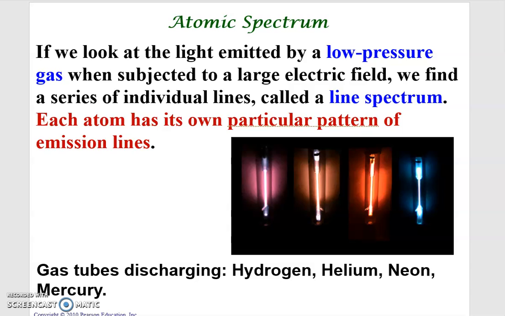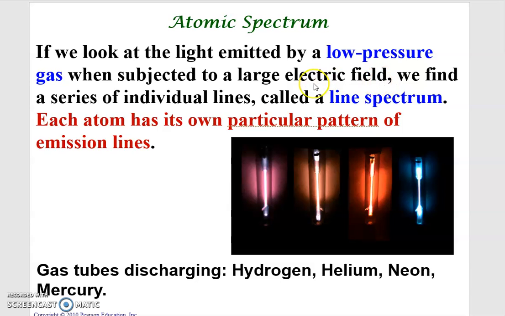Here you can see different kinds of low pressure gas made of different kinds of atoms. It is made of hydrogen, helium, neon, and mercury. They are at low pressure, and then you impose an electric field on the gas.